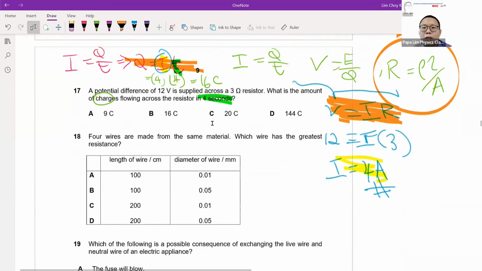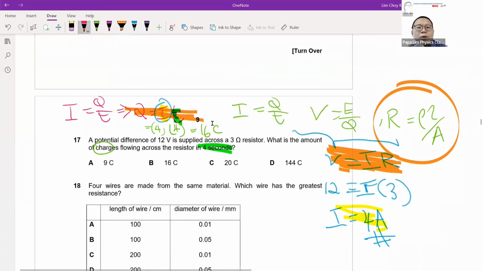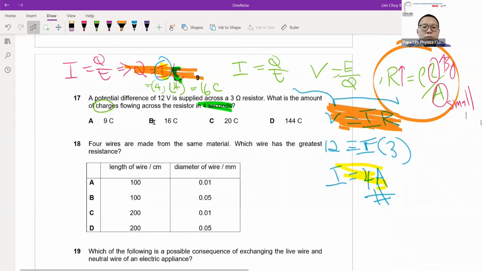If I want R to be the biggest, you'll find that my length has to be the biggest, and my denominator, the cross-sectional area, has to be the smallest. So for my wire to have the greatest resistance, I want L to be big, so definitely 200 has to be big.